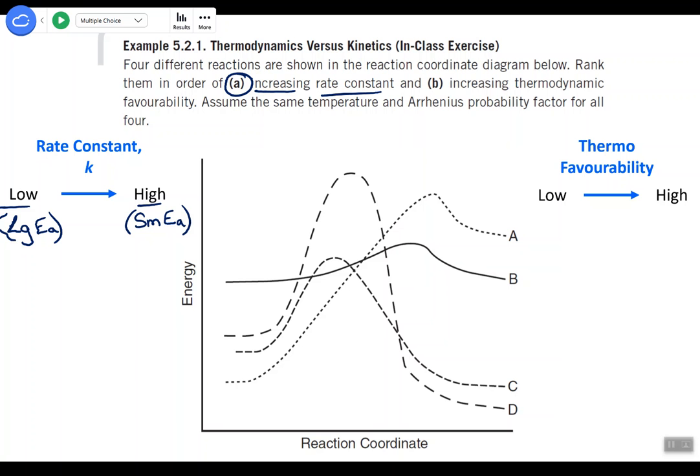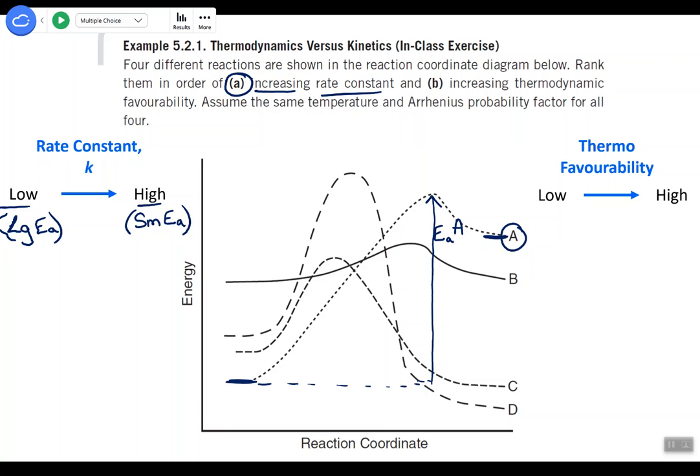So let's start with line A, reaction coordinate A. From this experiment, we can see the reactants start here, the products end at the A. We measure the activation energy by drawing across the energy level of the reactants and then going straight up at the tallest point. This is the activation energy for A.